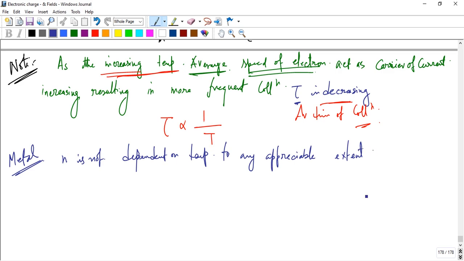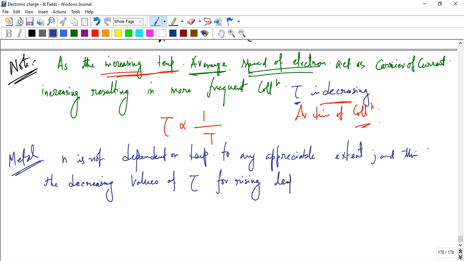That is important. And there is the decreasing value of tau for rising temperature.